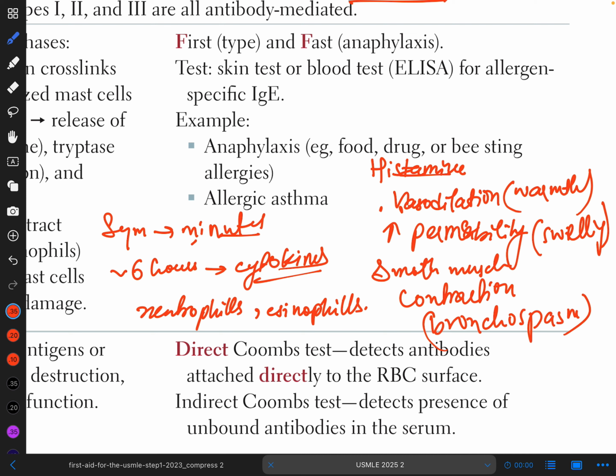These are the main functions instrumental in the hypersensitivity type 1 reaction: vasodilation, increased permeability of venules, and smooth muscle contraction resulting in bronchospasm.